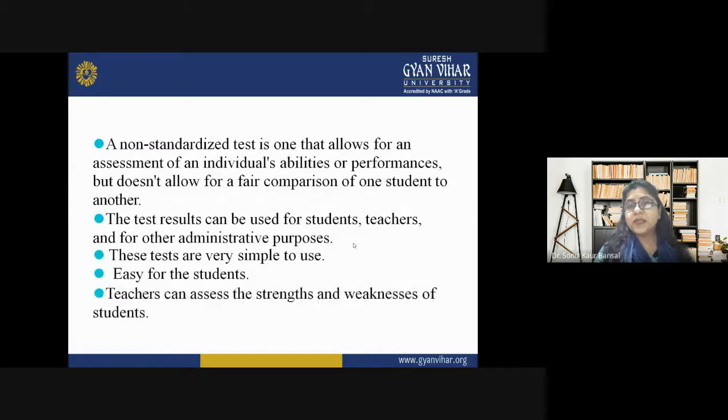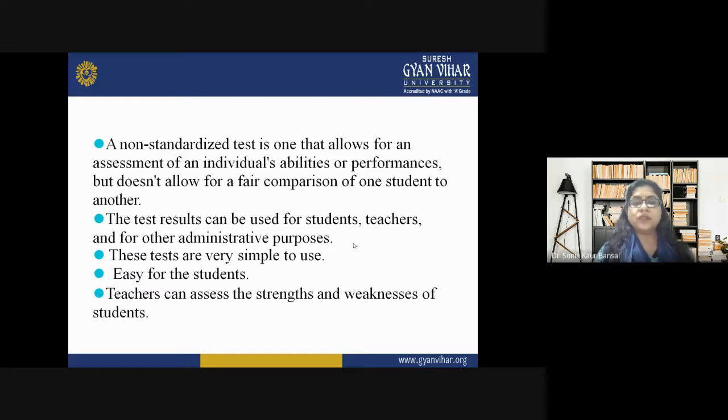Now students, let's understand that a non-standardized test is one that allows for an assessment of an individual's abilities or performances, but doesn't allow for a fair comparison of one student to another. Yes, we can say that.